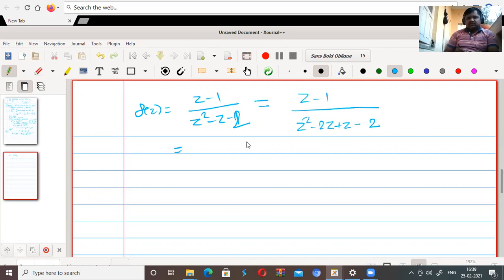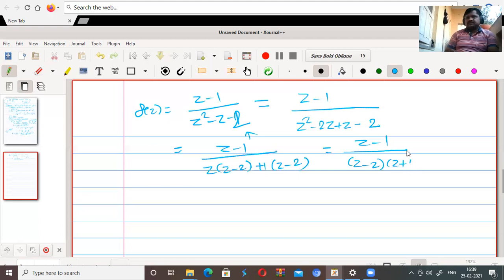That means factorize 2 in such a way that their subtraction becomes minus 1. So 2 ones are 2, minus 2 plus 2. This can be written as z minus 1 upon z into z minus 2 plus 1 into z minus 2, which is equal to z minus 1 upon z minus 2 into z plus 1.